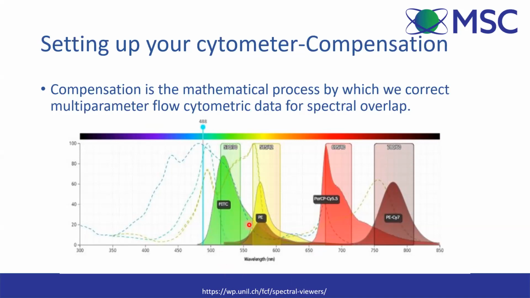For example, you can see here that the FITC emission spectra and the PE emission spectra overlap quite a bit. This means that some of the fluorescence seen in the FITC channel is actually emitted by PE and vice versa. So we need to have a mechanism in our flow cytometry software to deal with this, filter it out, so that we only look at the fluorescence generated by the fluorochrome that we're actually interested in.